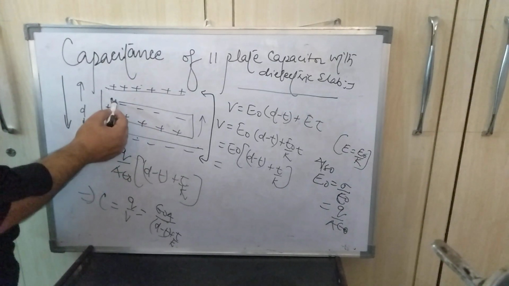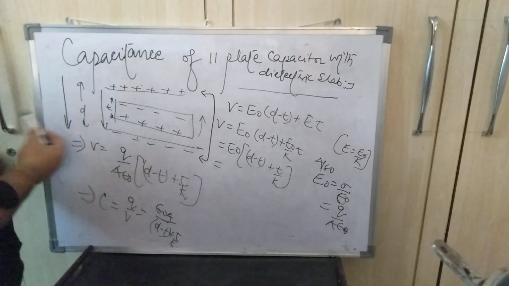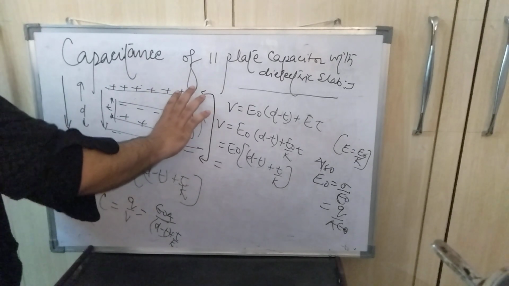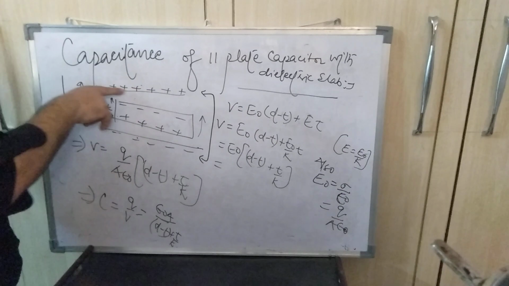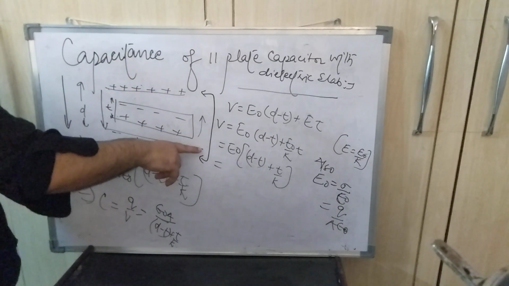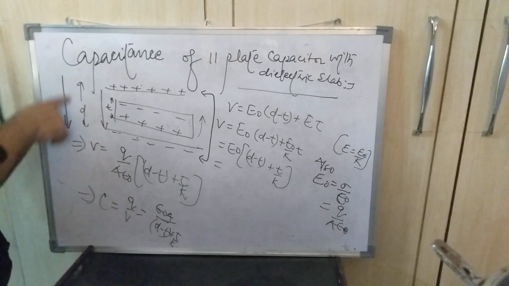Now let us suppose a slab of thickness t meter is placed between the plates of the capacitor. One plate becomes positively charged, the other negatively charged. That's why a field from plus to the minus is set up.